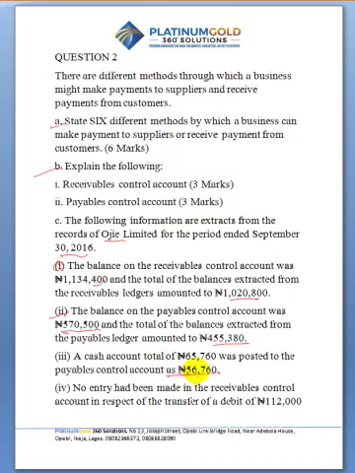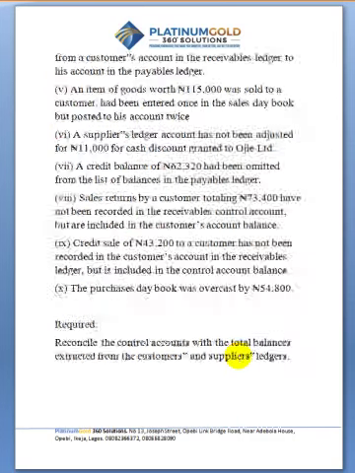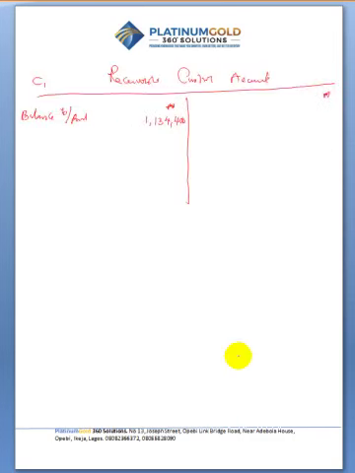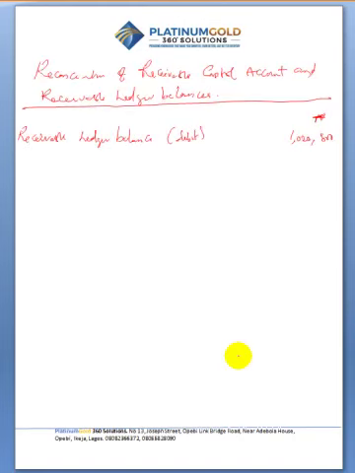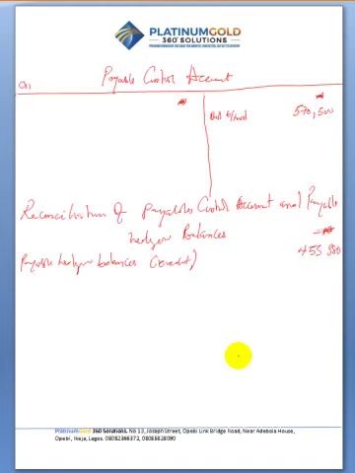I said cash account totaling 65,760 was posted to the payable control account as 56,760. We'll resolve it in the payable control account, and this is how we're going to resolve it.